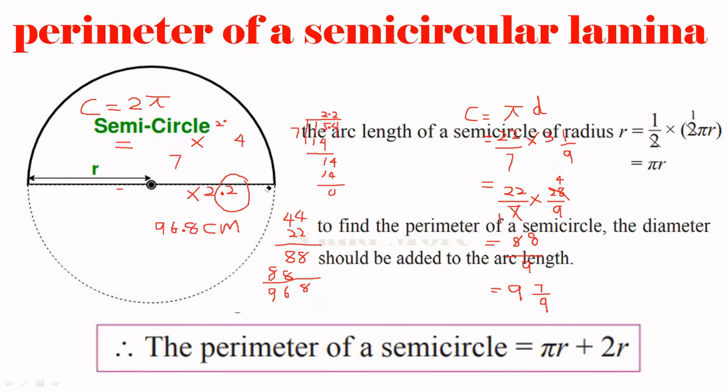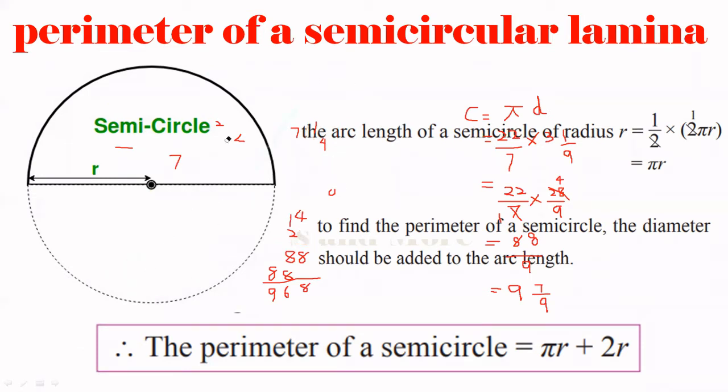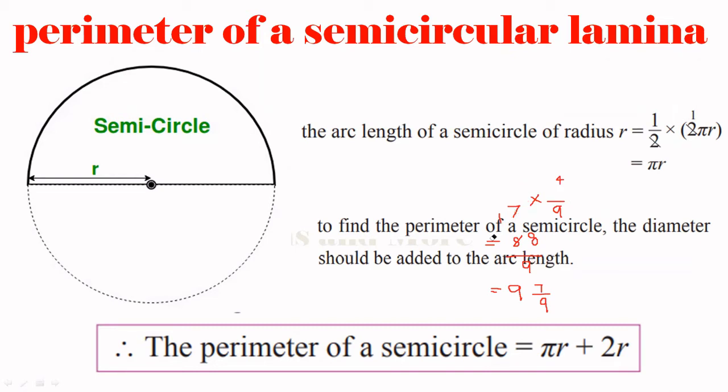Now perimeter of a semicircular lamina. What is called a semicircle? What is called a lamina? Lamina means if you draw a circle and using the scissors you cut that circle from the paper, the circle you cut from the paper is a circular lamina.